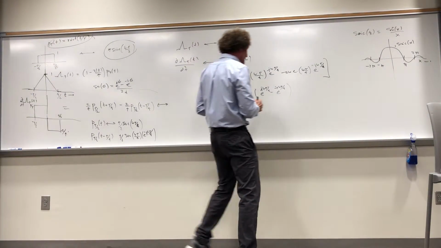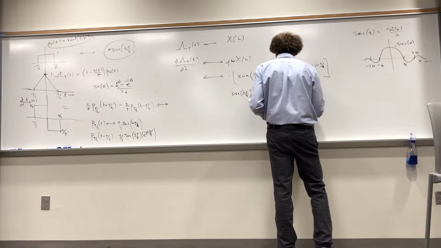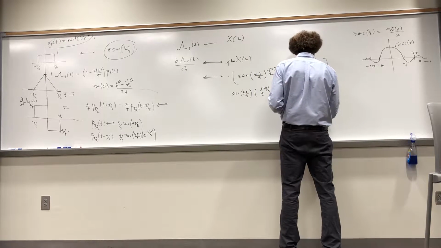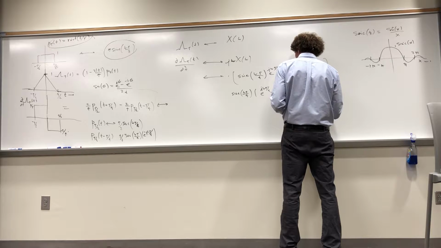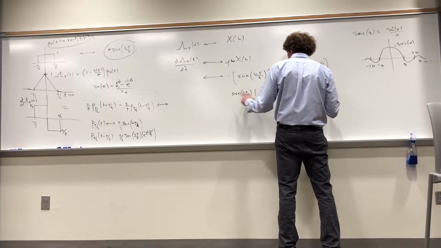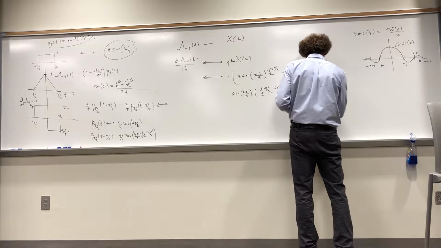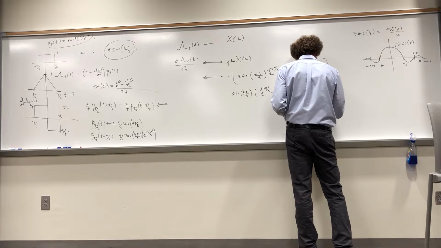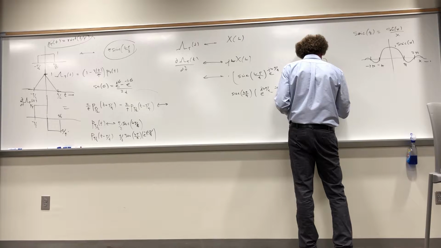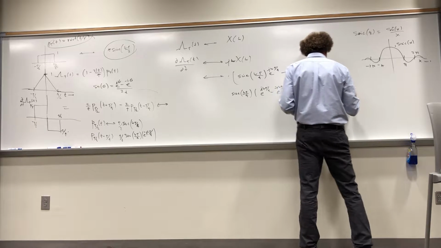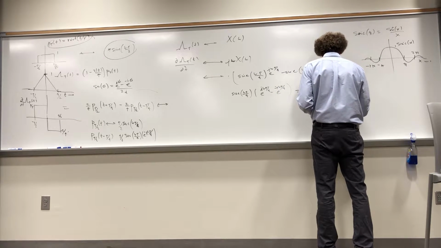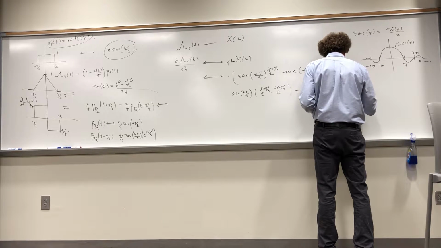So I can say that this becomes simply 2j times the sinc of omega tau over 4, times the sine of omega tau over 4.